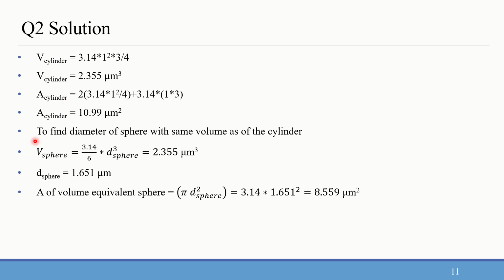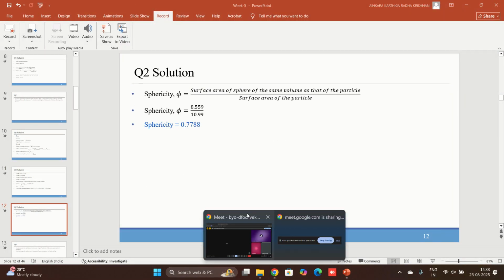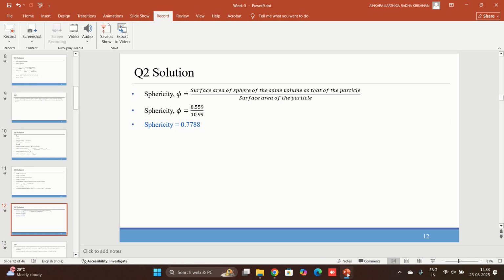Later, with the help of the volume of the cylinder, we assumed it to be equal to the volume of the sphere and calculated the diameter of the sphere accordingly. Then, with this diameter, we calculated the surface area of the sphere and substituted it in the sphericity formula, and we got the answer as 0.7788, or in short 0.78. I hope it is clear. If you have doubts, you can stop me.